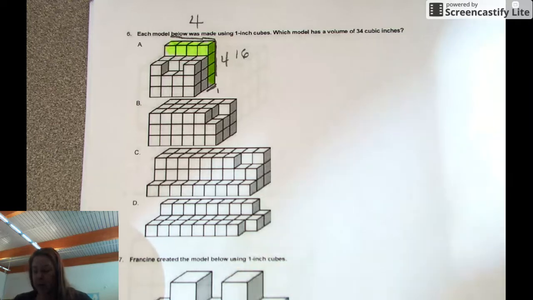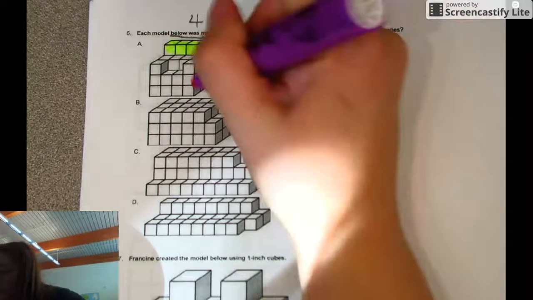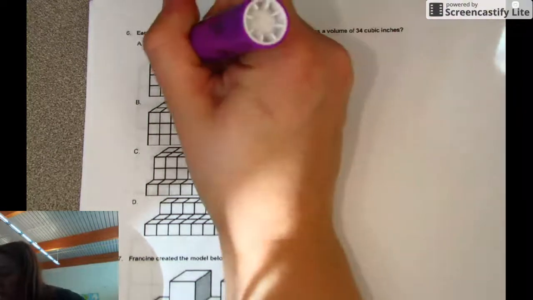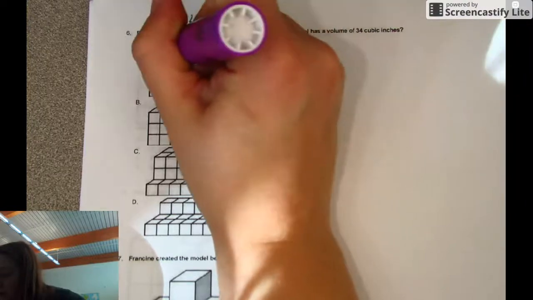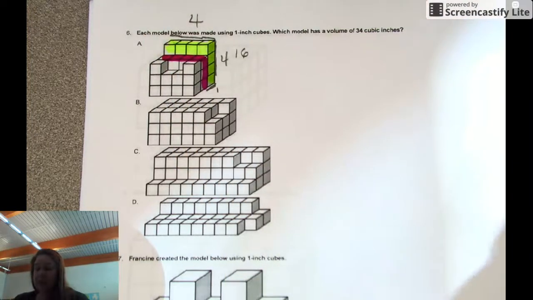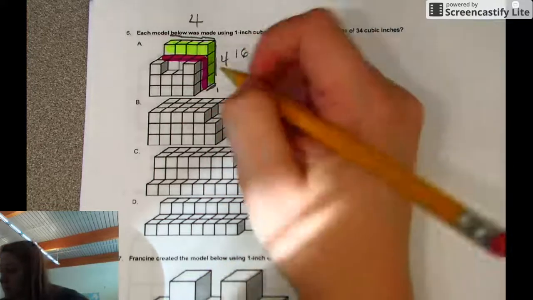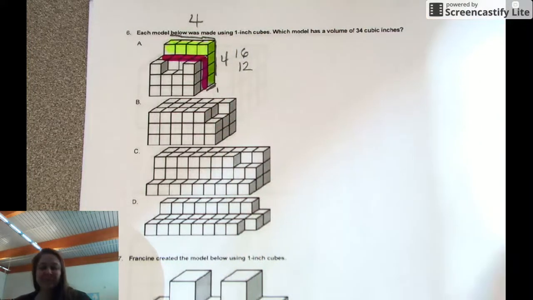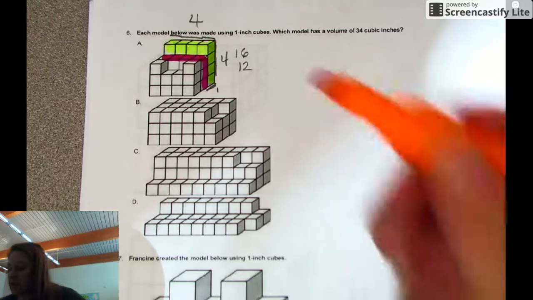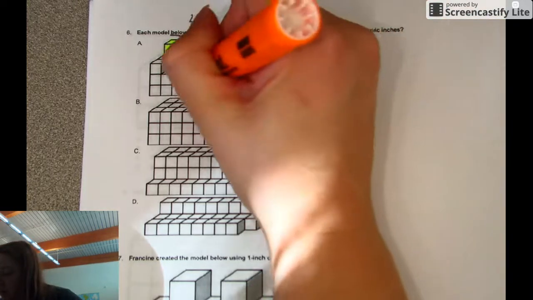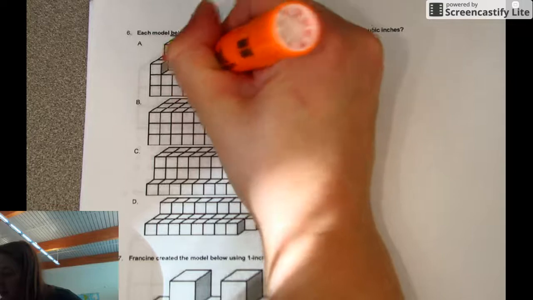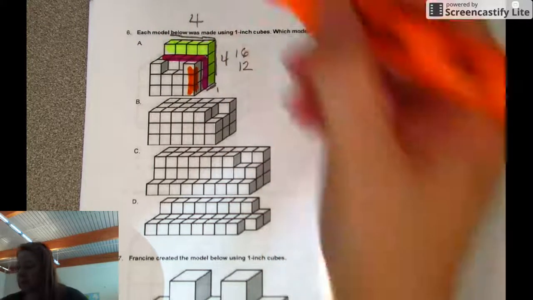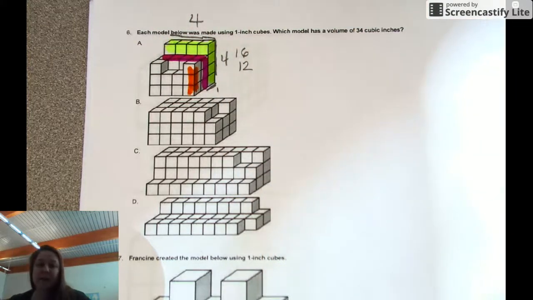And then when I look at the next one, I count 1, 2, 3, 1, 2, 3, 4. So that side has 12. Then when I look at this box right here, I have 1, 2, 3. So I just counted that one side, that's 3.